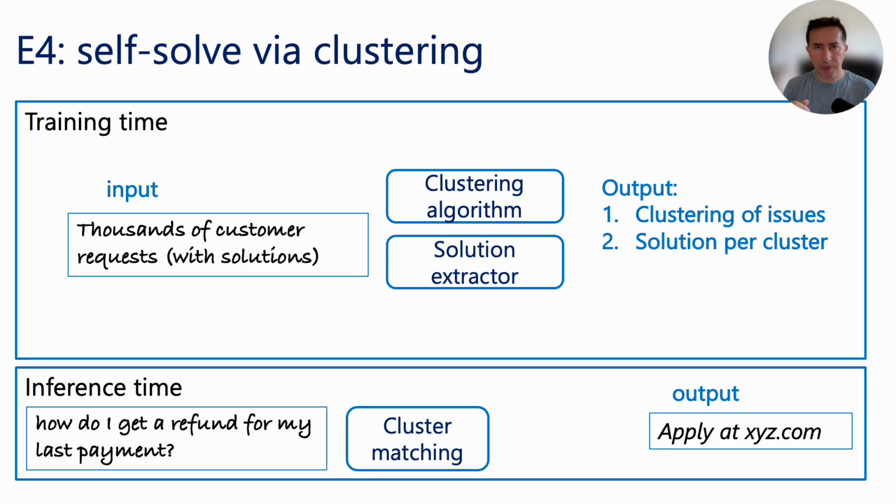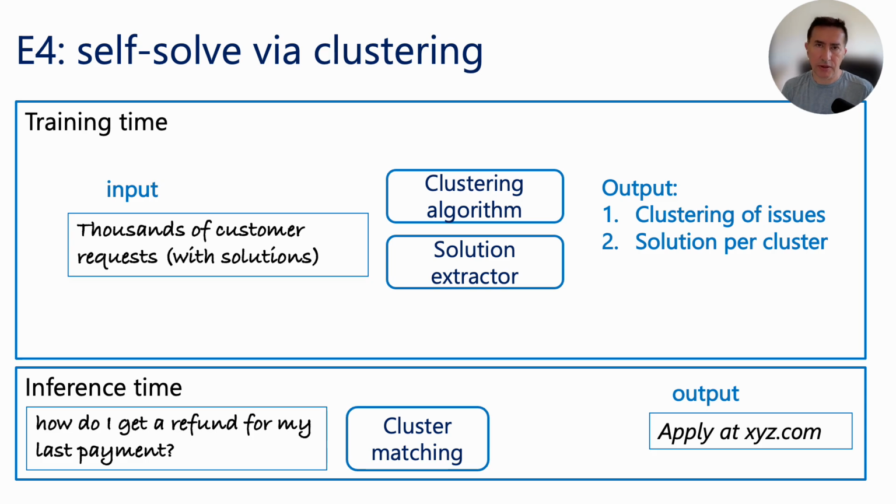And then we process tickets in a cluster with GenAI to extract what is the recommended or working solution for those kind of tickets. So at the end of this, let's call it training process, we have a clustering method with clusters, and we also have solutions recommended for each cluster.